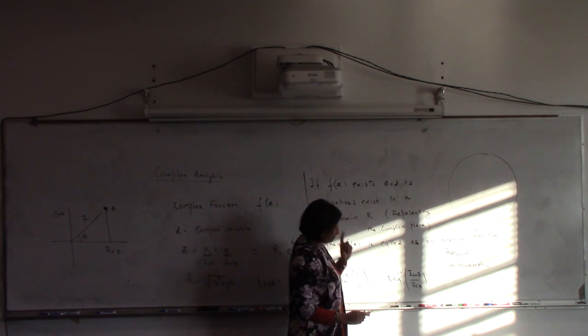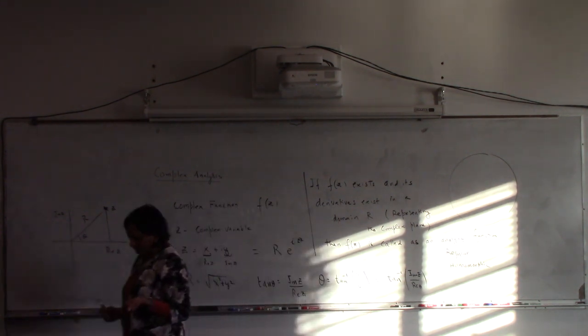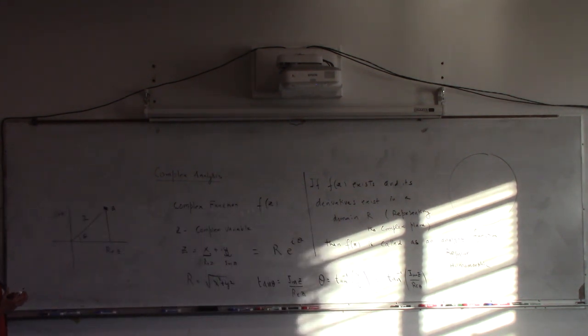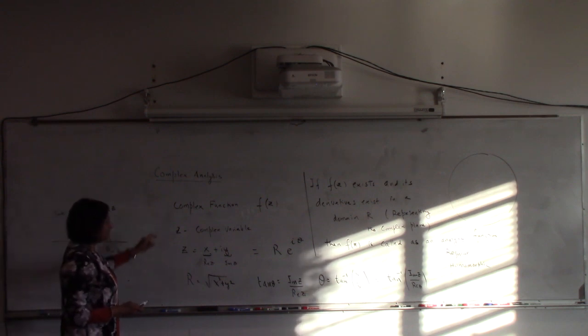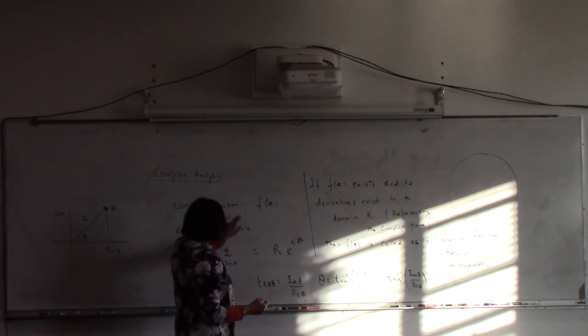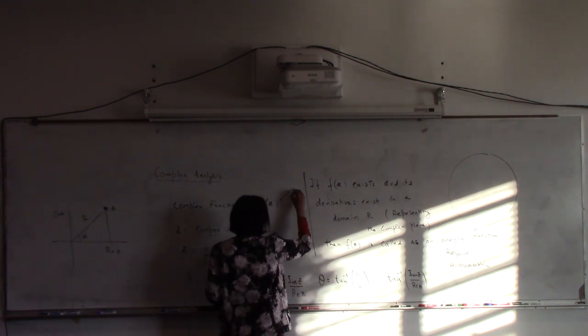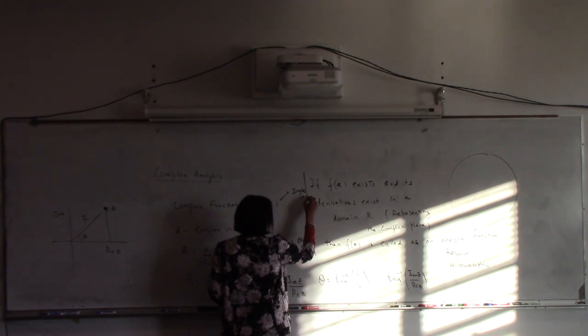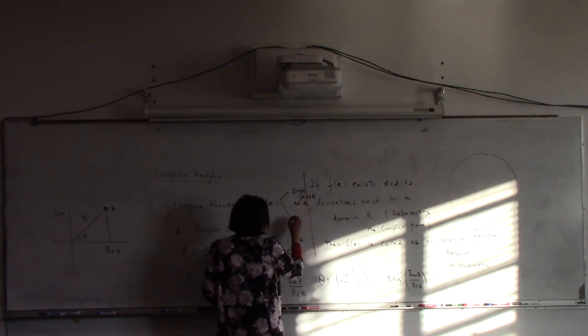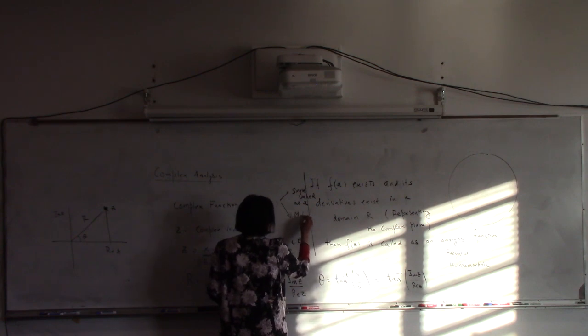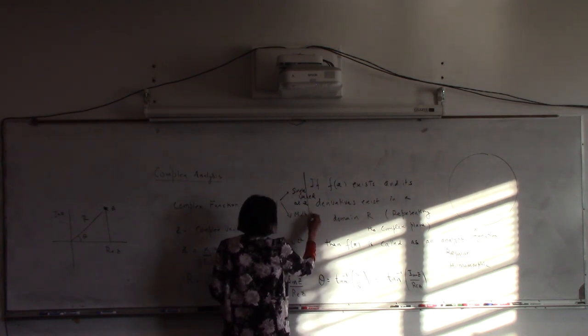Okay. So that is one of the things. Also this function f of z in a domain could be single valued, that is, it has a unique value at a point z, or it could be multi-valued. This is another quirkiness of a complex variable.